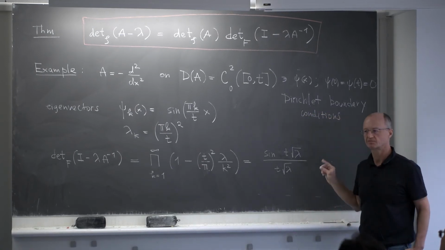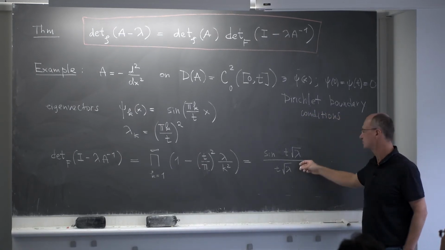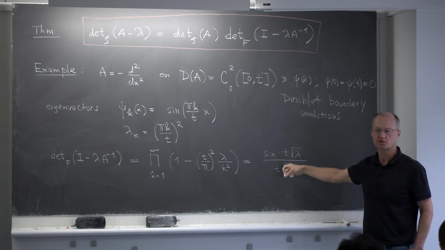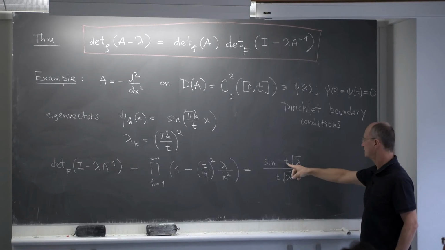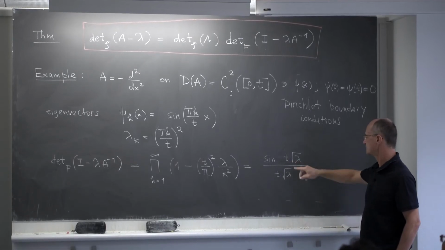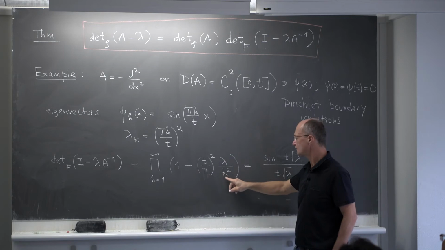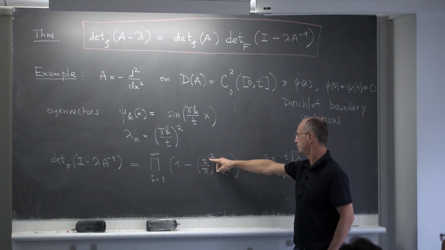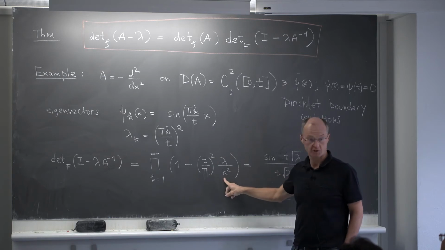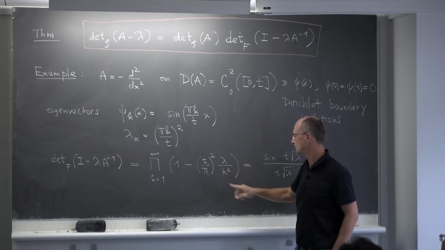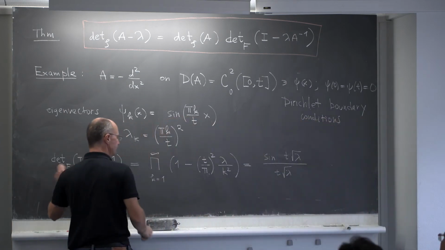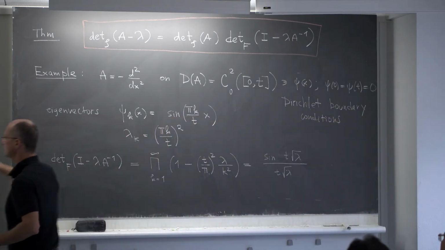Is it correct? I think this is now an entire function of lambda, right? Square roots are gone. And also it has zeros exactly when lambda is equal to pi over t squared times k squared. Okay, so that's simply the answer for this Fredholm determinant.